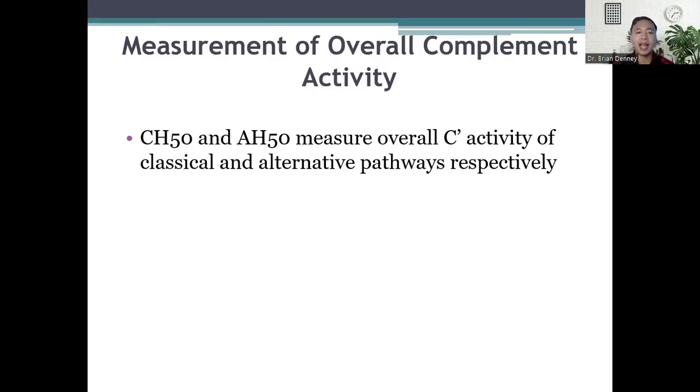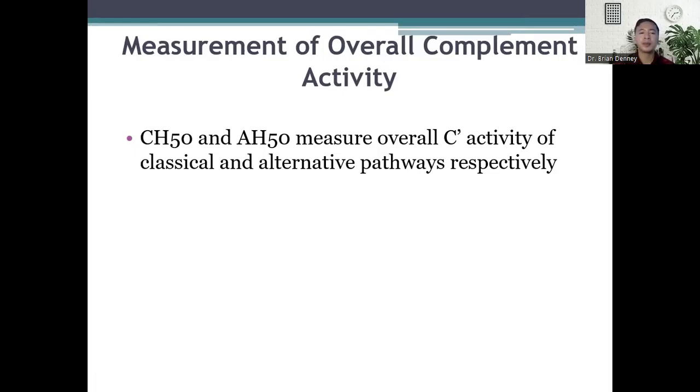On the other hand, if your CH50 is negative for deficiency, whereas your AH50 is positive for deficiency, we now proceed to step 2, that is to test the different complement proteins found in your alternative pathway. So I'll give you an example later.